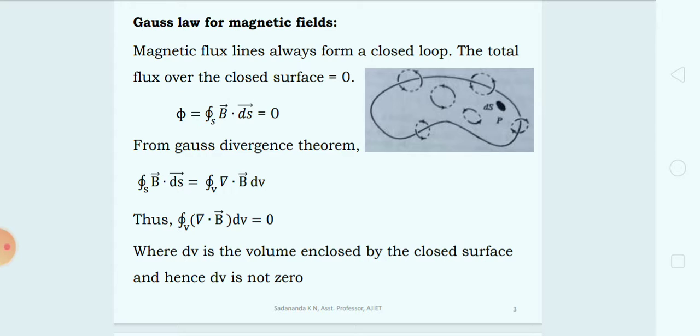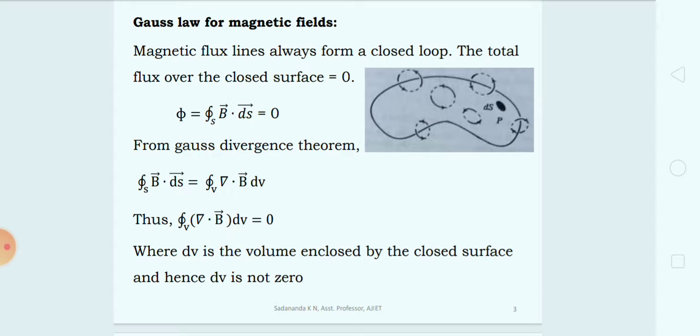Now, using the Gauss divergence theorem, the surface integral can be converted into a volume integral, because the Gauss divergence theorem says that the surface integral of vector D dot dS is equal to the volume integral of divergence of vector D dv.